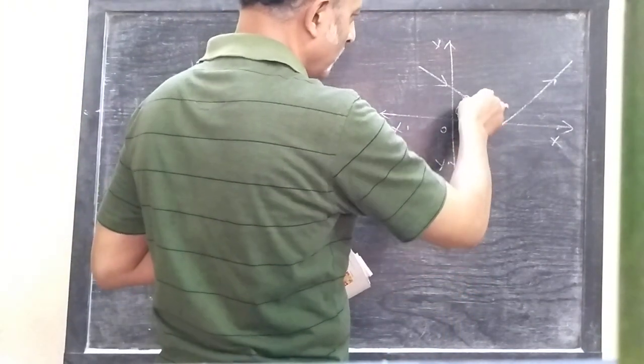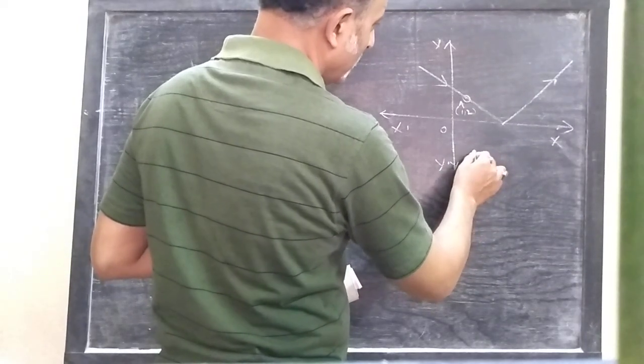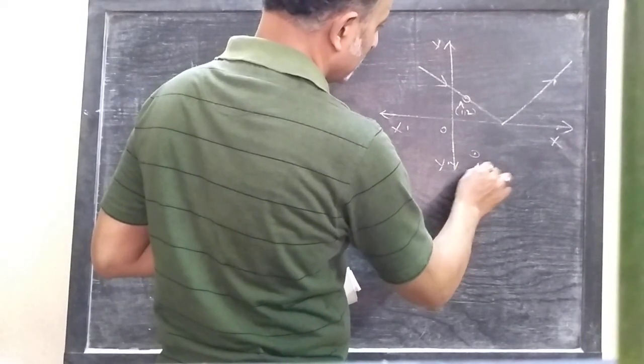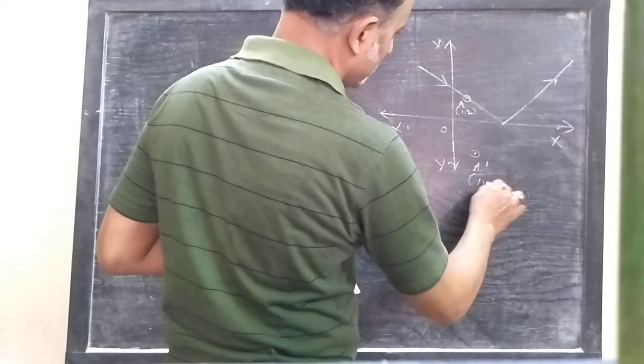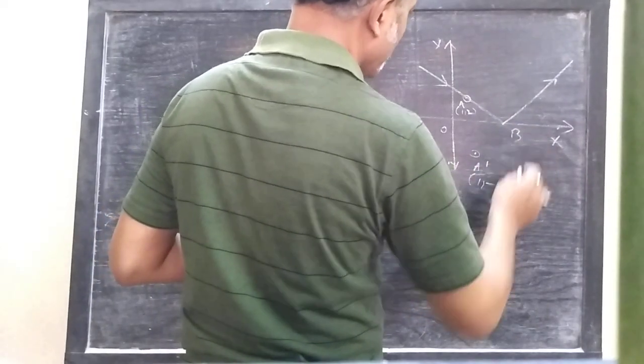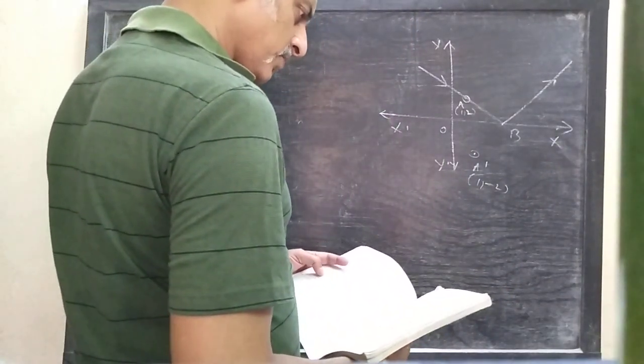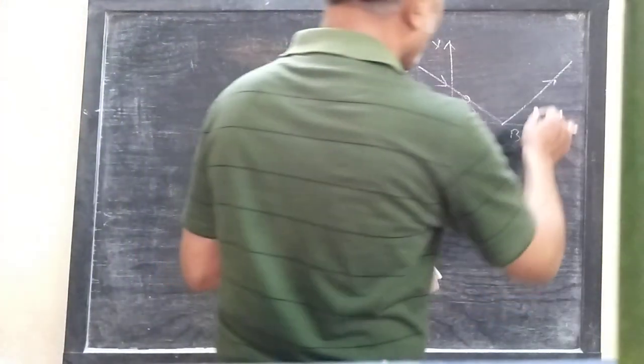Now look, if you reflect the point A, it will be reflected at say A dash, its coordinates will be 1, minus 2. If the point of incidence be B, then hence passing through Q(5, 3).